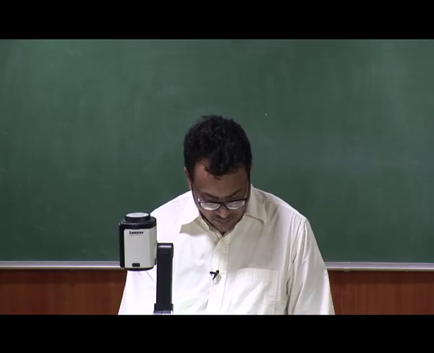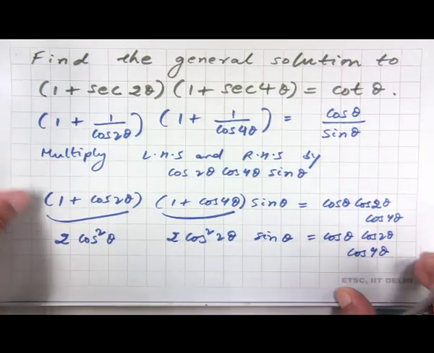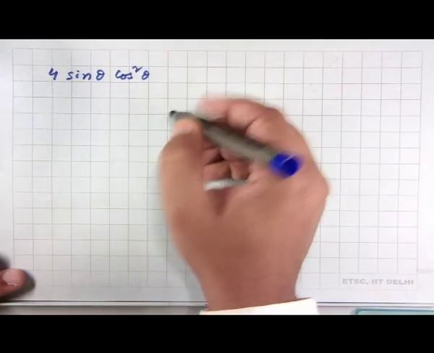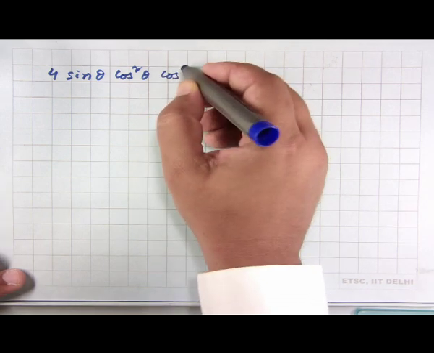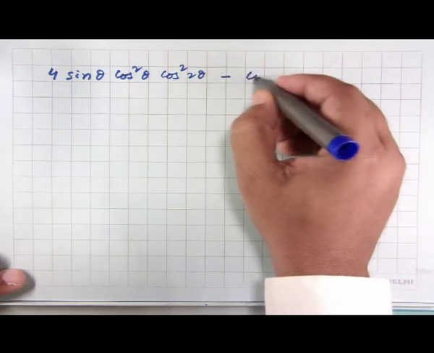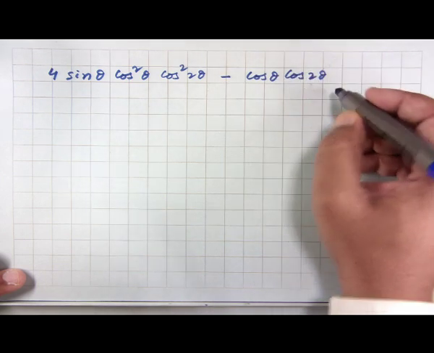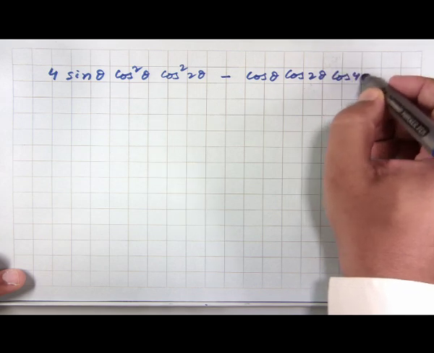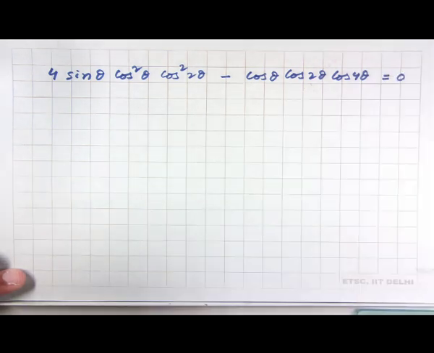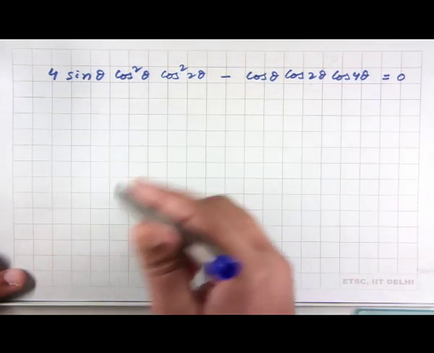And then taking whatever is on the right hand side, bringing everything to the left hand side, we get zero. And we see that there are some common terms in both these terms, so we factor them out.